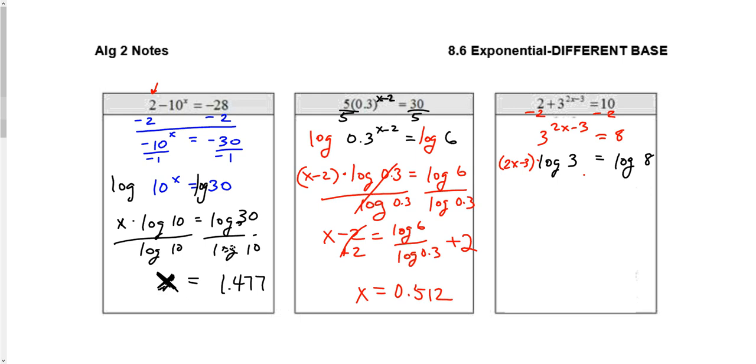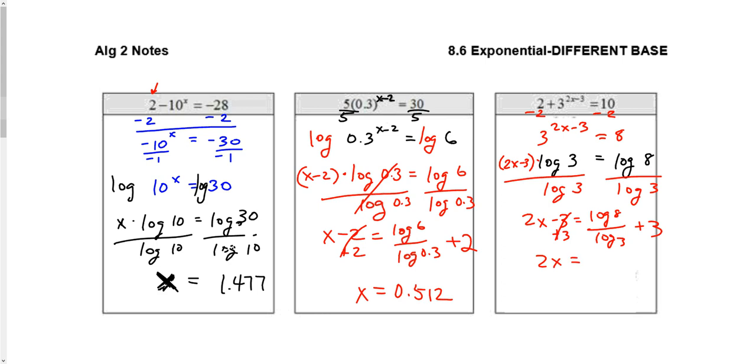So I can divide by the log of 3, and I have 2x minus 3 equals whatever that decimal is, log 8 over log 3. So I would have to add 3 to it, and then divide the result by 2. Let me see what I get.